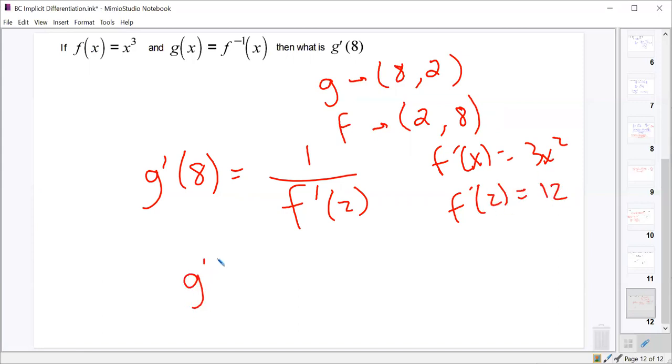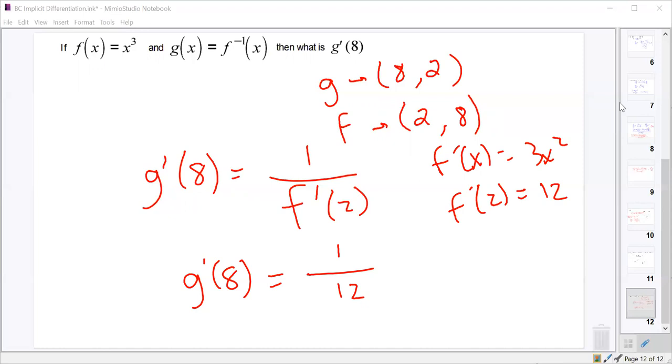So g prime of 8 ought to equal 1 over 12. Does that seem familiar now? Okay.